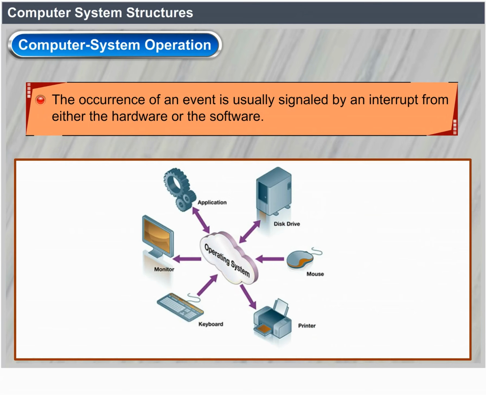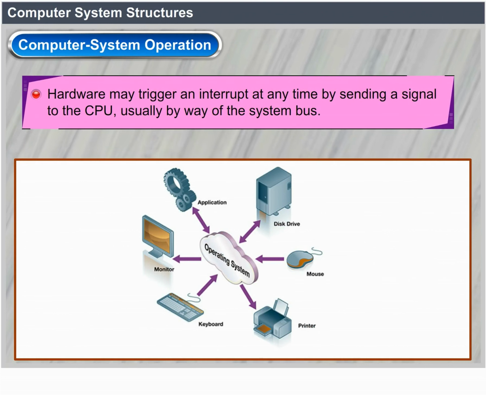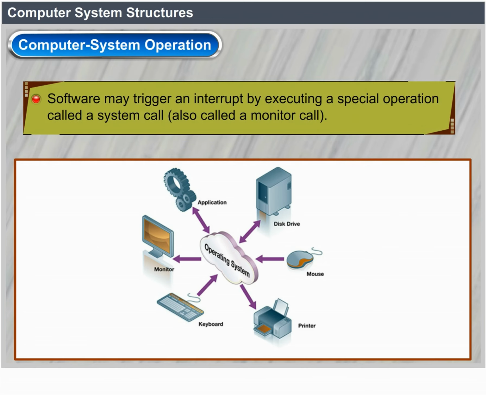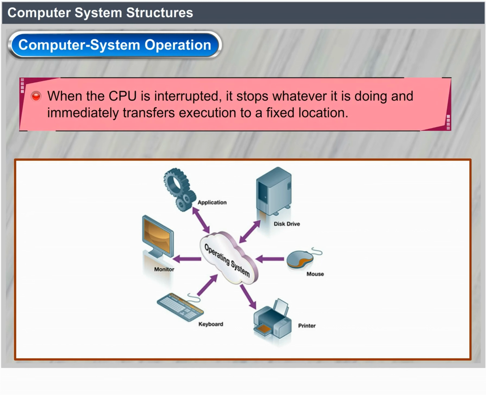The occurrence of an event is usually signaled by an interrupt from either the hardware or the software. Hardware may trigger an interrupt at any time by sending a signal to the CPU, usually by way of the system bus. Software may trigger an interrupt by executing a special operation called a system call, also called a monitor call. When the CPU is interrupted, it stops what it is doing and immediately transfers execution to a fixed location.